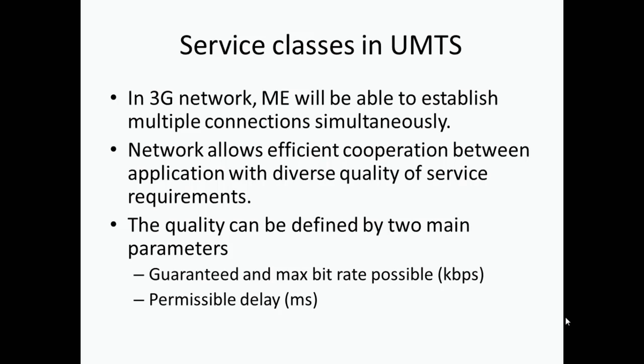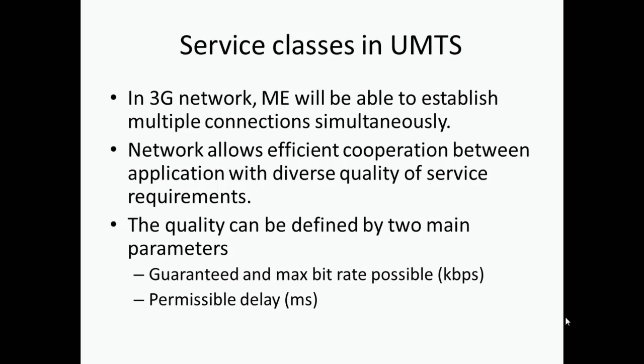There is no restriction on the connections. Now, the network should be efficient enough to handle all the connections simultaneously. That's why the quality requirements have the following two parameters. First parameter is the granted and maximum bitrate possibilities, and second is the permissible delay.